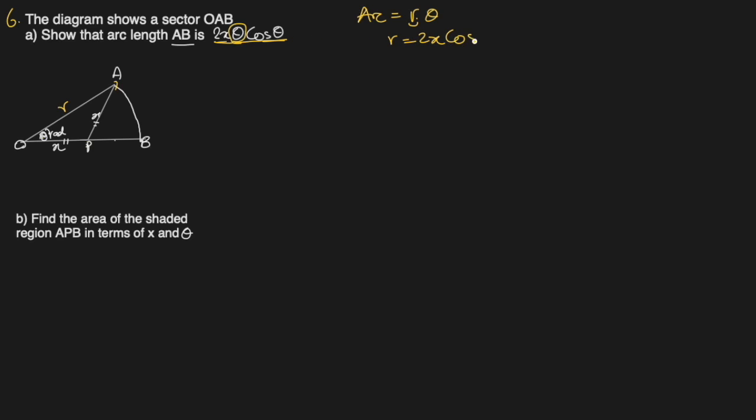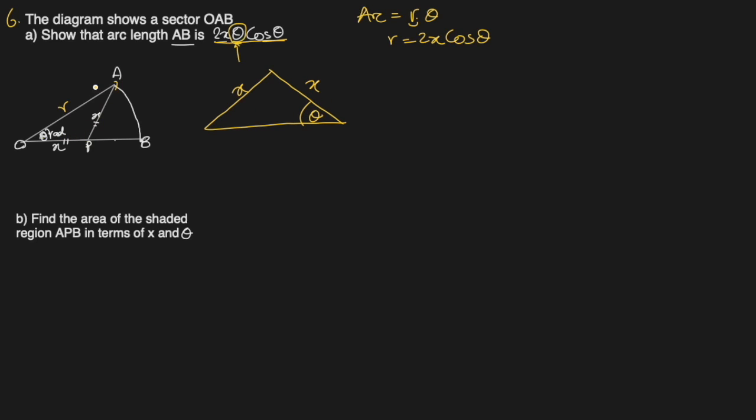This is our challenge, right? Because theta is there, so we'll keep it safe. So this is how we have to show this. Since this is an isosceles triangle, let me redraw this in the proper isosceles way. So this is x, and this is theta.